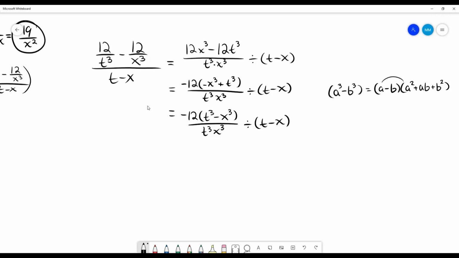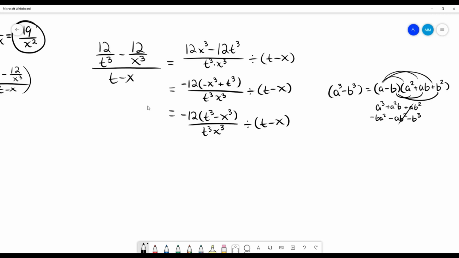I'm going to have to double check that really quick because I am not confident in that. Give me 1 second to double check. That's just going to be a cubed plus a squared b plus ab squared, and then minus ba squared minus ab squared minus b cubed.